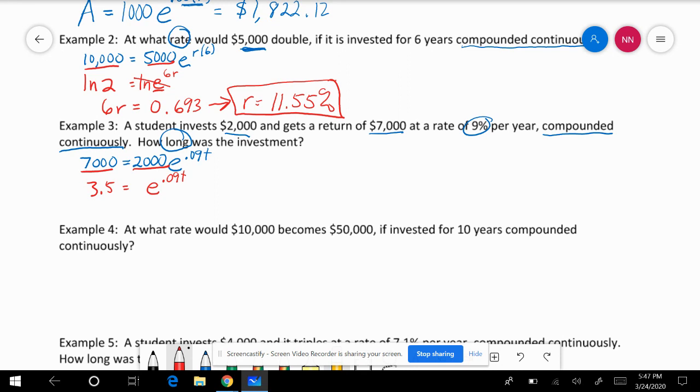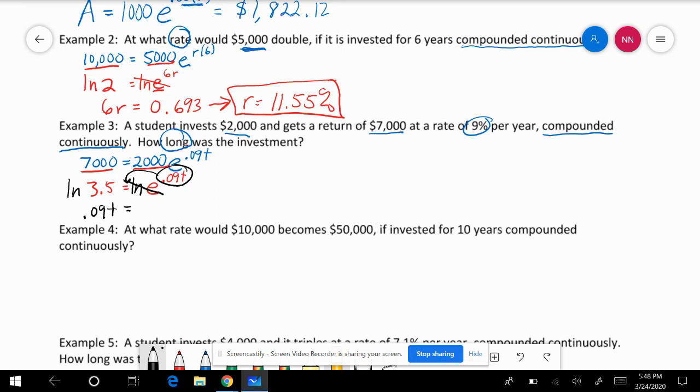Once again, we have to get rid of the E. And when we do the natural log of both sides, natural log is the same thing as log base E. So this becomes 1. We get our exponent. If you remember, it goes in the front. 1 times 0.09t gives us 0.09t.